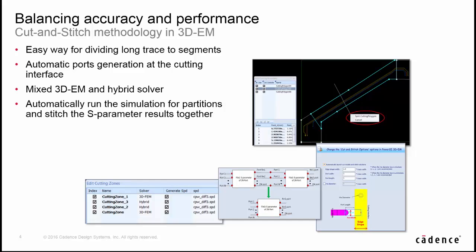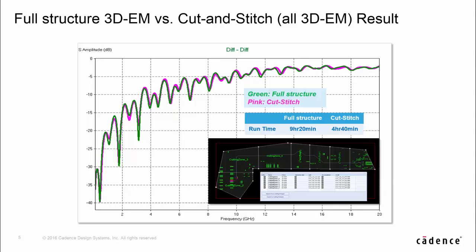It can provide a complete and automatic way to divide long traces into partitions, automatically generate ports at the boundary. It allows you to select solver at any partition and run simulation, and finally cascade the S-parameters coming from each partition automatically. Here is the correlation data of 3DM cut and stitch compared with 3D full structure.